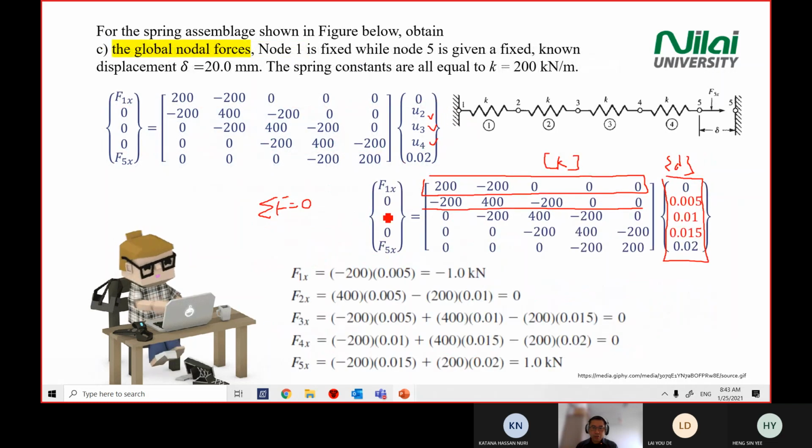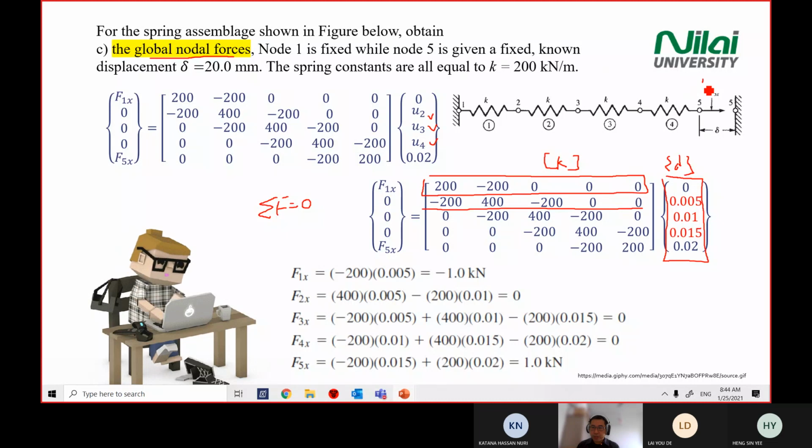This equation is to show you that 5 kilonewtons is what is applied to point number 5. If you look at section C, it asks you to find the global nodal force.